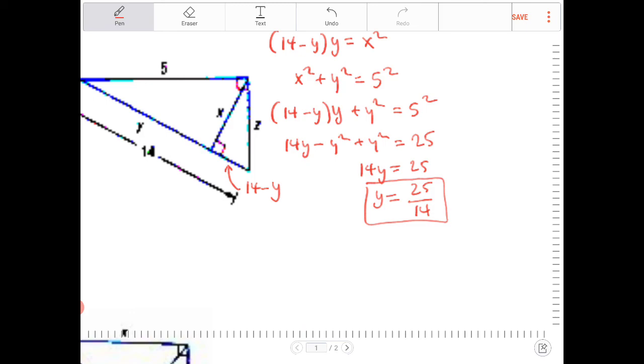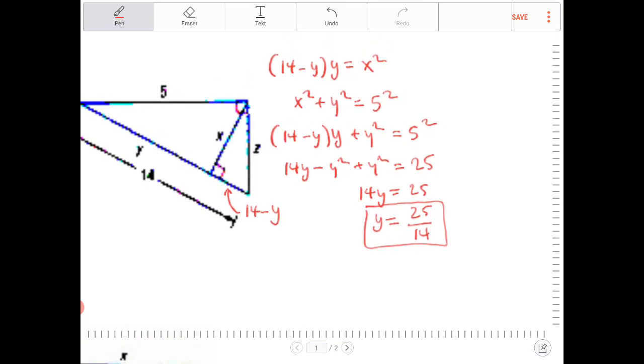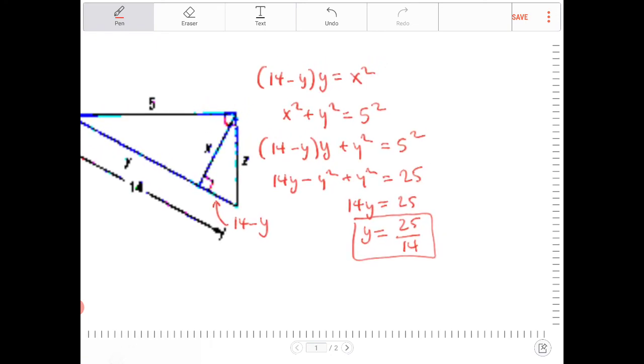Since y is equal to 25 over 14, I can then solve for what x is equal to. So I can plug this back into either the first equation or the second equation. Actually no, they're all the same. So what will x turn out to be then? Or actually I'll do it with this one.